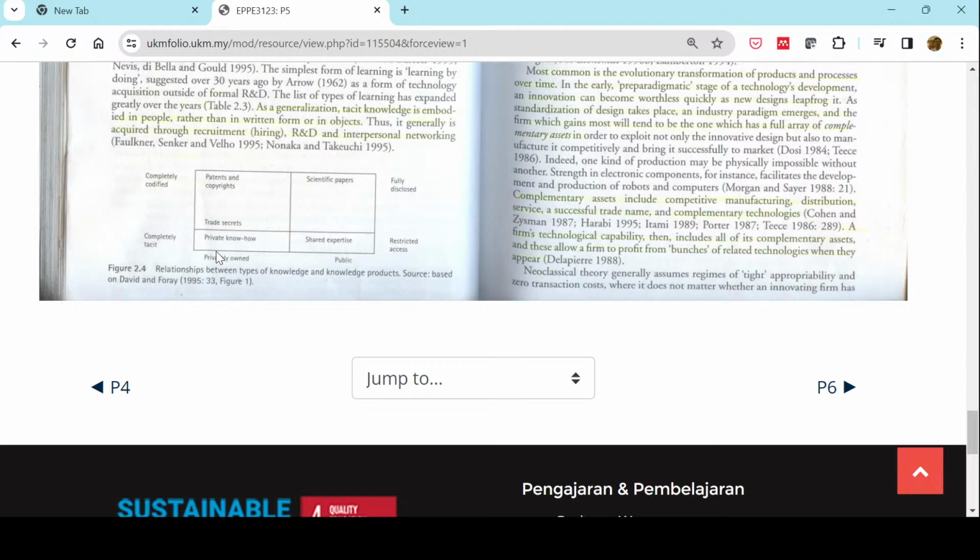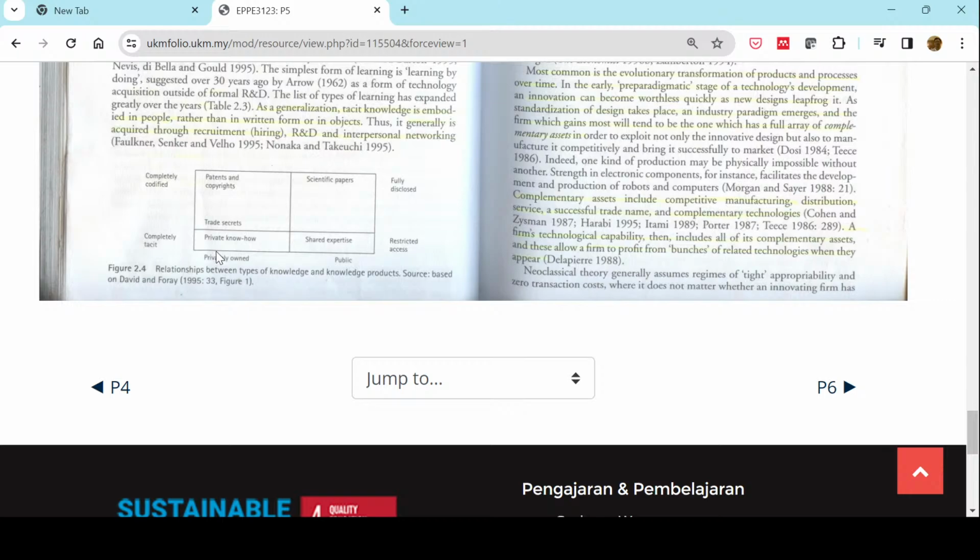So in the case of Steve Jobs, the late Steve Jobs, where is it? It is here. Private know-how. Only he knew. Scientific papers, like university lecturers and professors, they do research and they publish in journals.